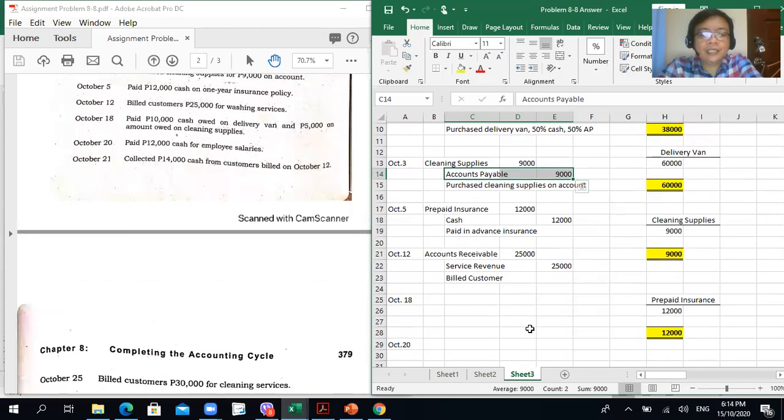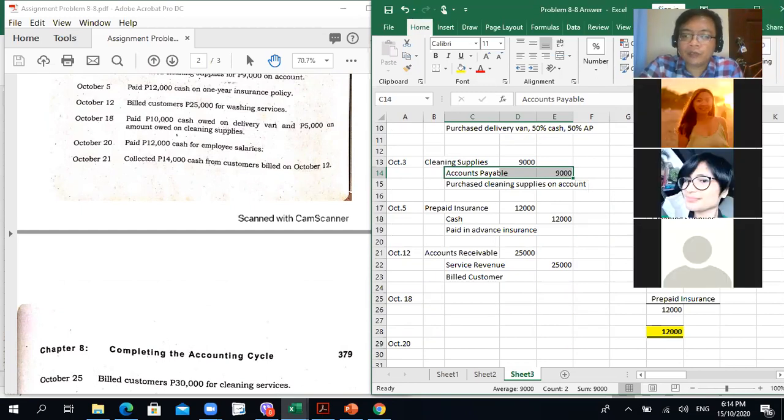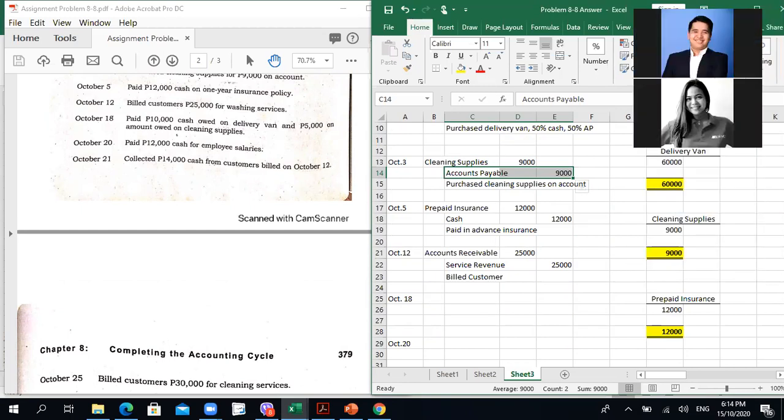In reality, in the business world, you should separate accounts payable for every supplier, so you can monitor easily who you owe, whether Step or Rain. You cannot have only one account for accounts payable, or you will get confused. The same goes for accounts receivable: you have receivable from J, from Selena, from Mafi.